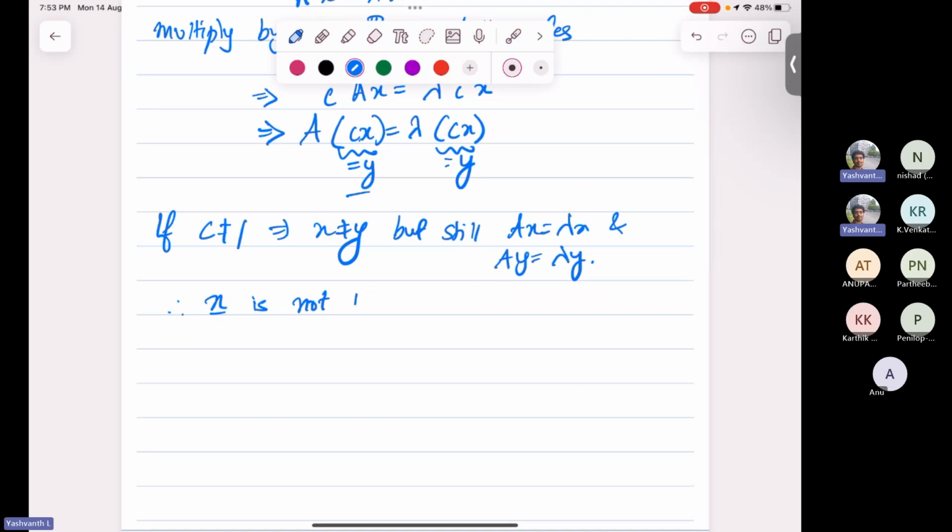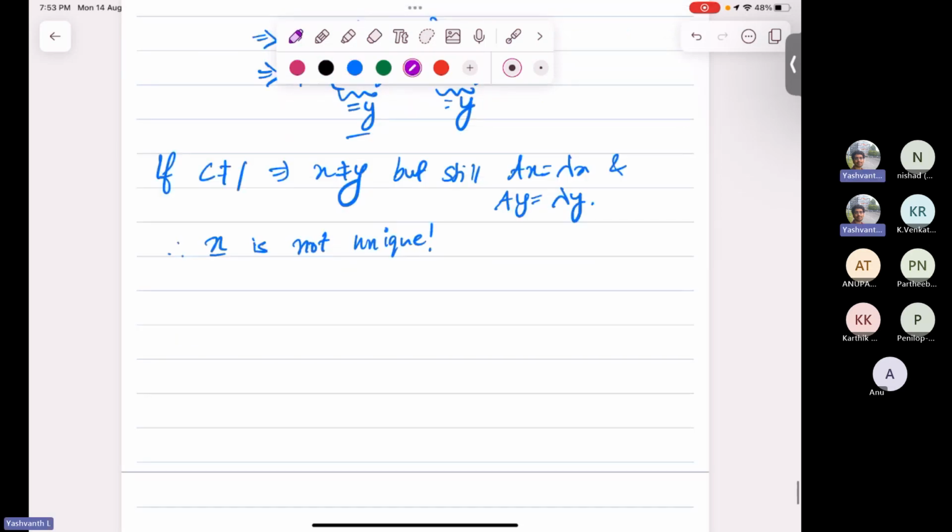This motivates the definition of what is called eigenspace.